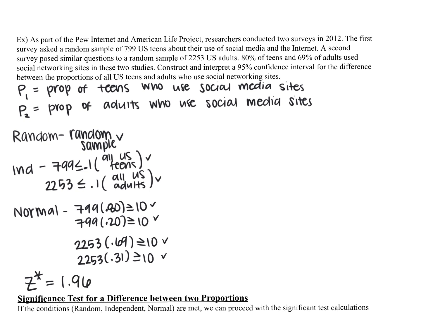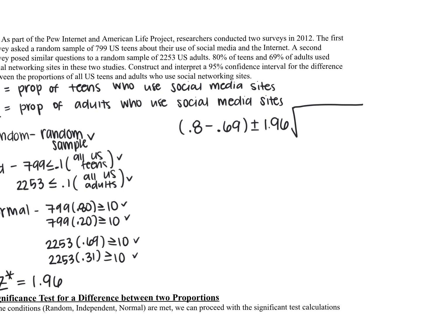Now I'm just going to plug all of my statistics into my formula. So P1 hat is 0.8 minus P2 hat 0.69, plus or minus 1.96 times the square root of 0.8 times 0.2 over 799 plus 0.69 times 0.31 over 2253.